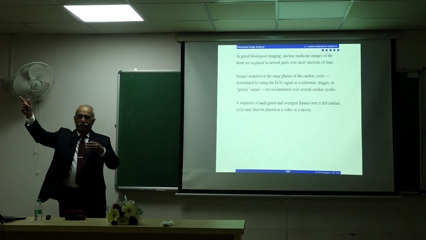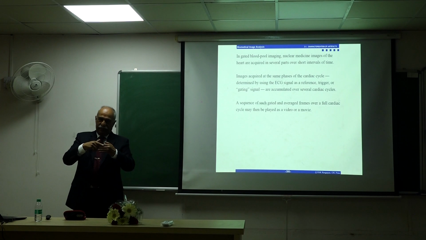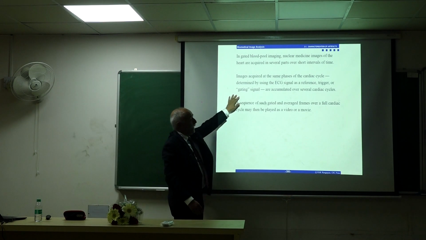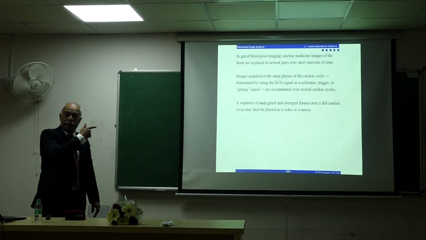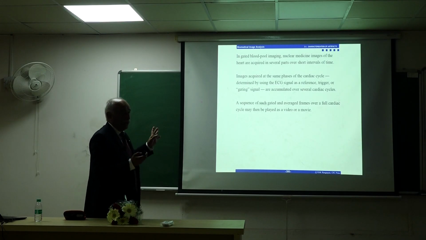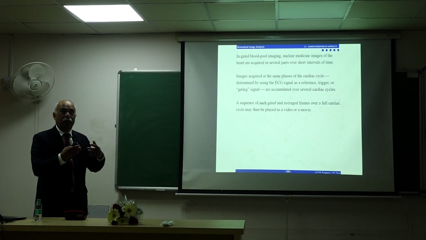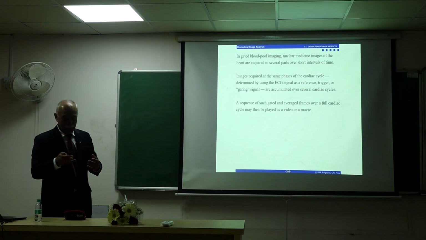And when the next first heart sound comes or the QRS complex comes, you put that to the first frame, second frame, and so on. So this is called gated imaging, using the ECG as a gate. So this takes benefit of cyclostationarity. Otherwise, it's not possible to get a picture of the heart using an imaging system that requires counting of photons over several seconds.